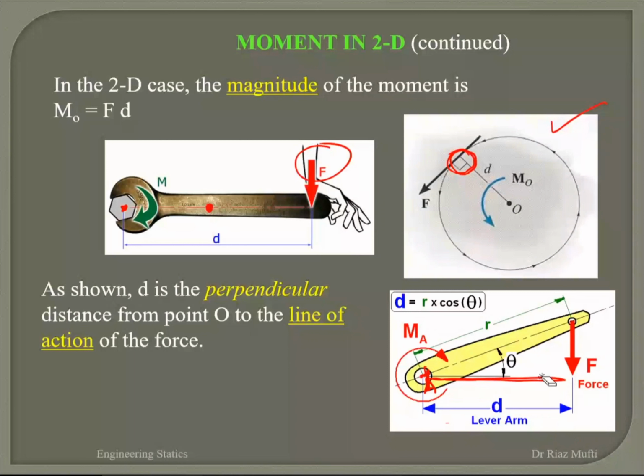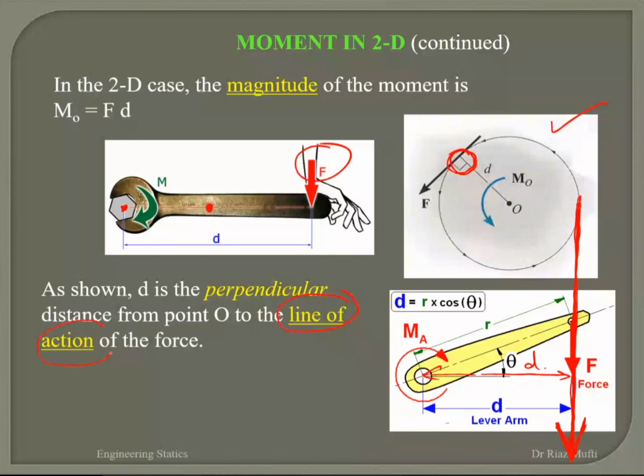Line of action. Remember, one thing you remember every time. If there's a force being applied, you make a straight line, extend it, which means this is the line on which the force is applied. That's the line where the force is applied. And this is the perpendicular distance from this extended line, which is this one, D. Therefore it says here line of action.